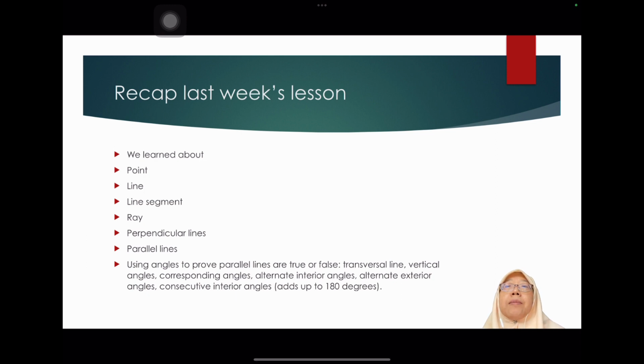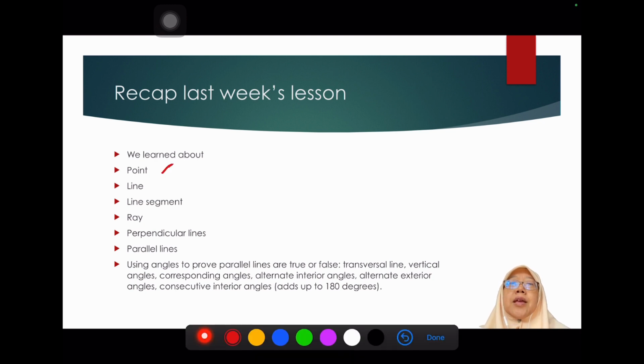Now let's recap last week's lesson. Because in last week's lesson, we did also learn a bit about angles, but the angles are used to identify parallel lines. So the first thing that we learned was a point. And then we learned about line. And then we learned about line segment, ray, perpendicular lines.